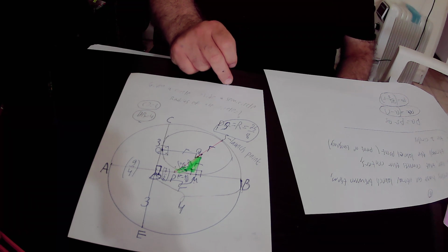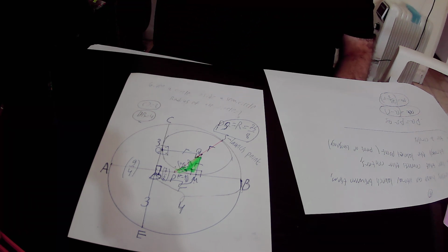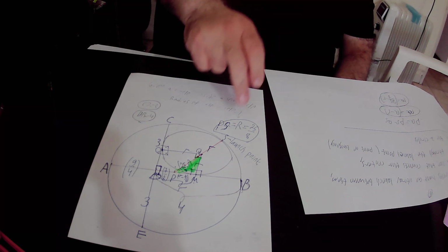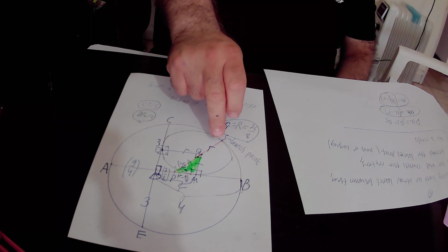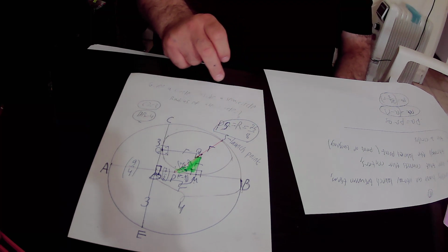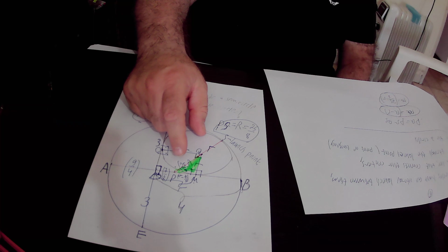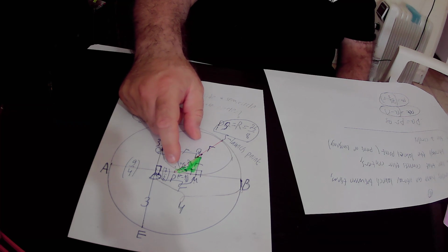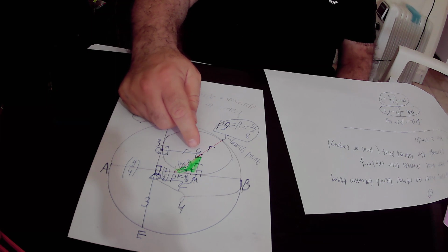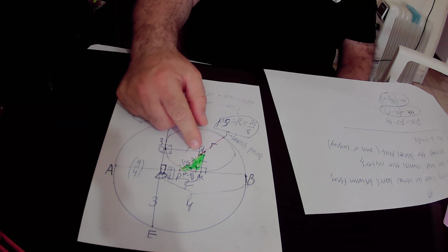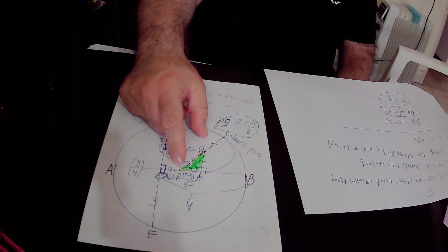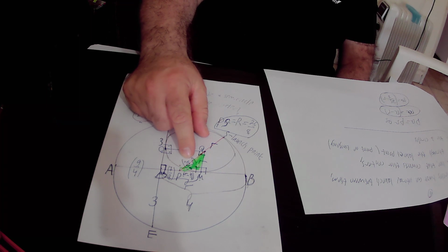Okay, so in the case of internal touching between the circles, like in this case where those two circles touch internally at point S, the distance between their centers is PQ. Why? Because P is the center of the big circle, Q is the center of the small circle. Therefore, PQ is the distance between the two centers, and the straight line that connects the two centers is PQ.